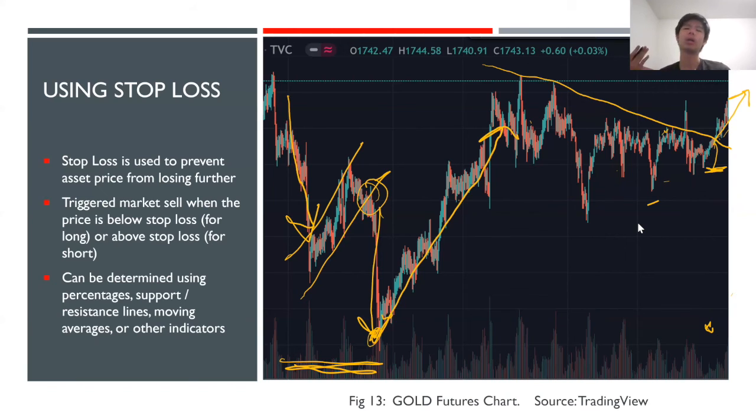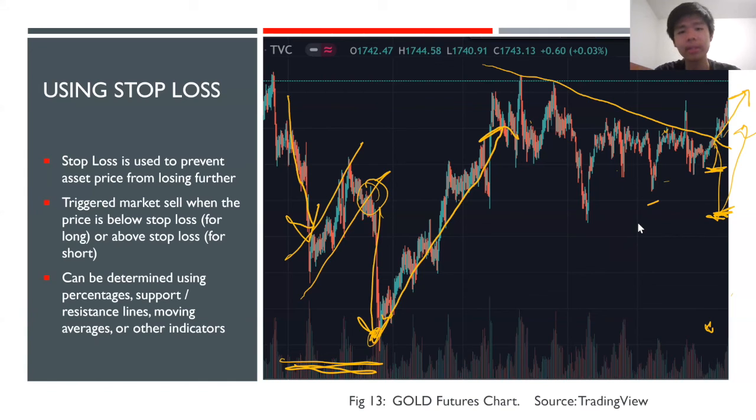Or if we are confident enough, we could probably go even lower, and we could still think, if this price goes over here, we might have a chance that the price could go higher as well. So again, it also depends on how much we are willing to lose. Or we can also use other indicators such as moving averages and other complex indicators as well.